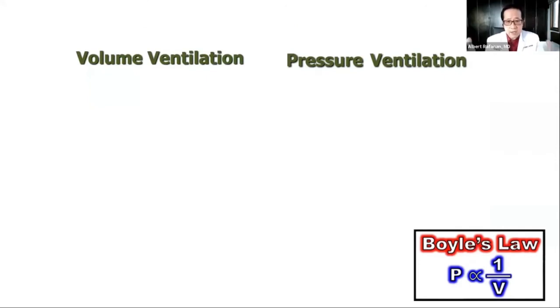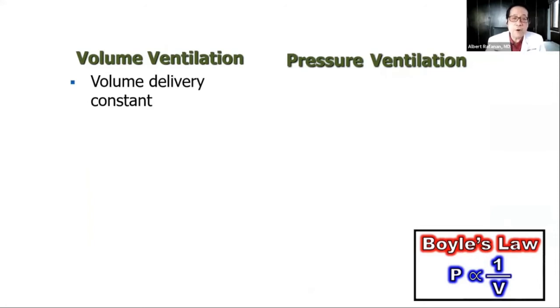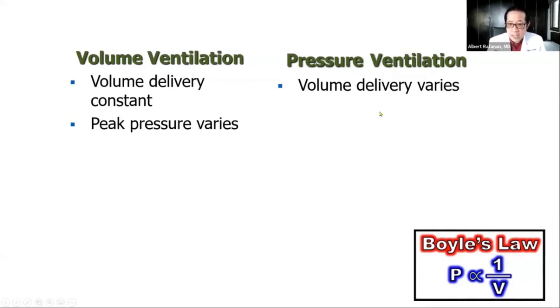So let's take a look at this. What is volume ventilation and what is pressure ventilation? And again, I put Boyle's law here. I hope it sticks to your mind. As we know, we keep repeating things and we keep forgetting. So for volume ventilation, volume delivery is constant. For pressure ventilation, the volume delivery varies. As we say, volume is dependent here because in pressure control ventilation, it's the peak pressure that is constant.